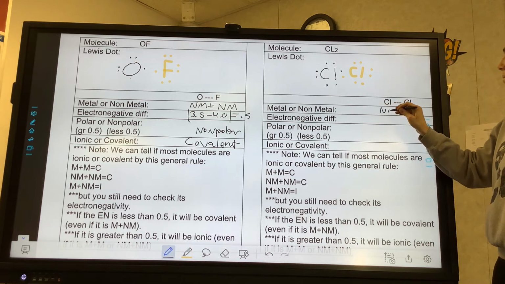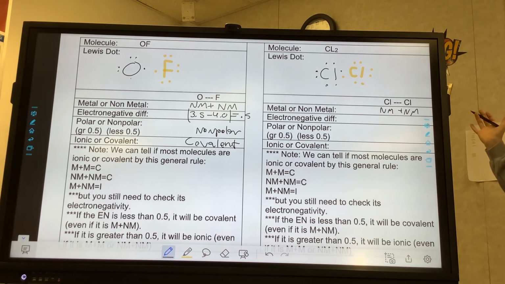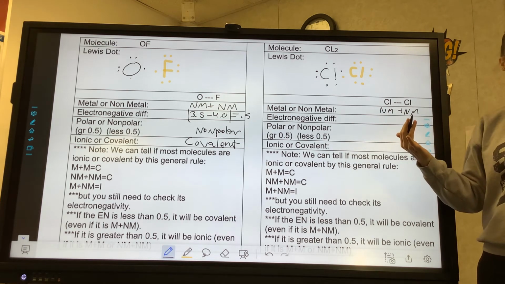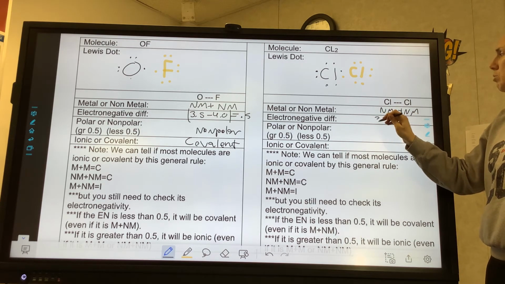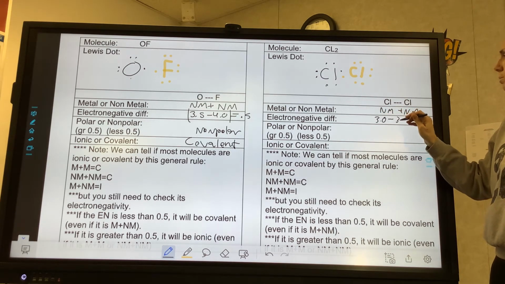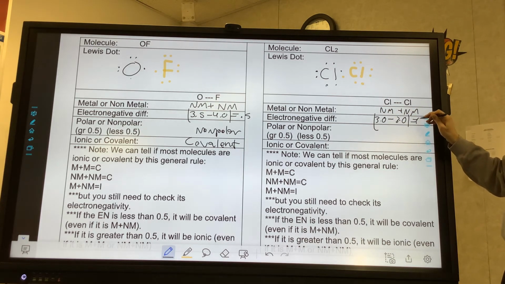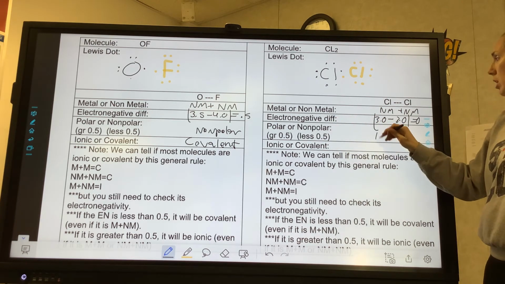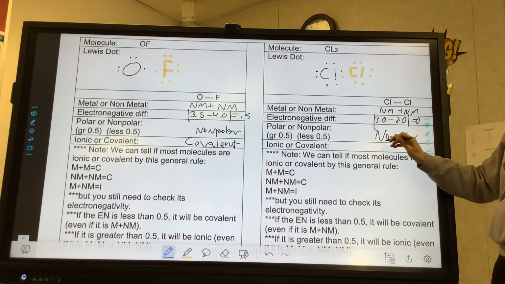Non-metal plus a non-metal, based on our rules, we think it's going to be covalent. Electronegativity difference: 3.0 minus 3.0, absolute, equals 0. That is less than 0.5, non-polar, and non-metal, covalent.